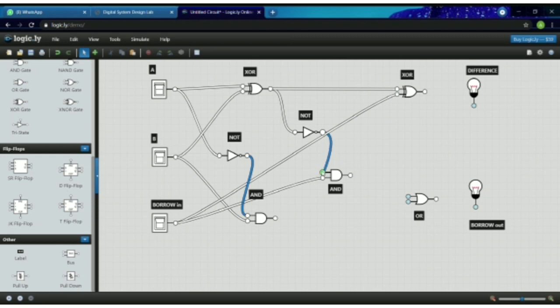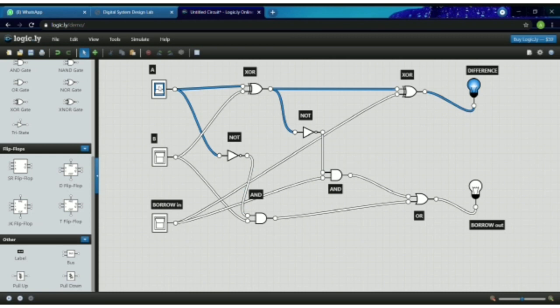And now we will connect NOT gate to AND gate and AND gate to OR gate. Now I am connecting the OR gate to borrow switch and XOR gate to the output difference.